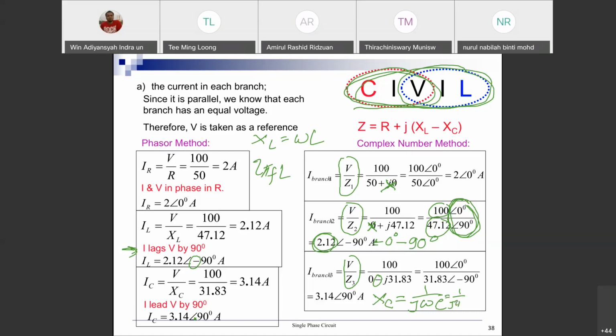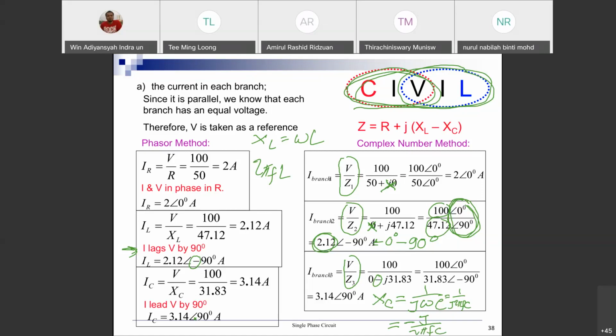Or 1 over j 2 pi FC. If you take j up, can I write in here? j going up, 2 pi FC, j will be minus then, because it's going up.